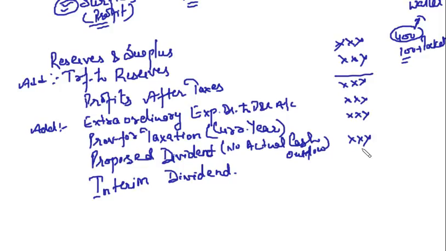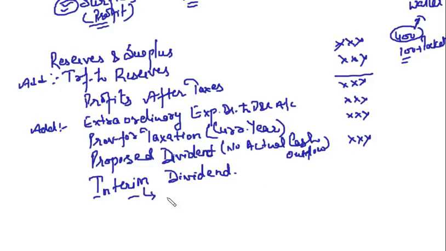Paying interim dividend will affect the routine operations of the business or not? Interim dividend is not an activity related to the routine operations of the business. So interim dividend is not at all an operating activity. Clear? Just remember these two conditions.